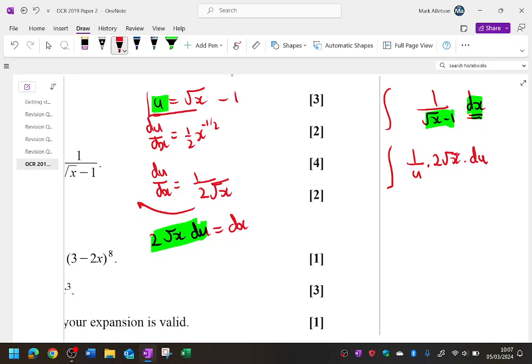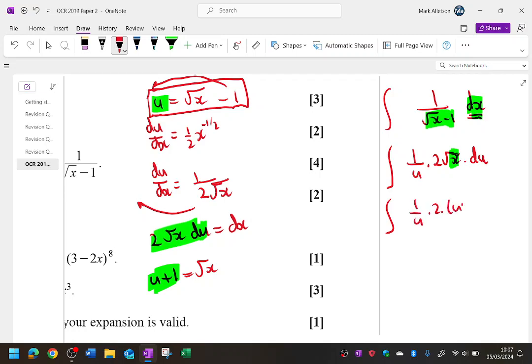So what I'm going to do is look at this over here and say, well, if I know that u is the same as that, if I add 1 to this side, that tells me, and I write it down here, that u plus 1 is root x. And now I can write my root x as u plus 1. So I can now replace u plus 1 for my root x. So we end up with the integral of 1 over u times 2 times u plus 1 du.